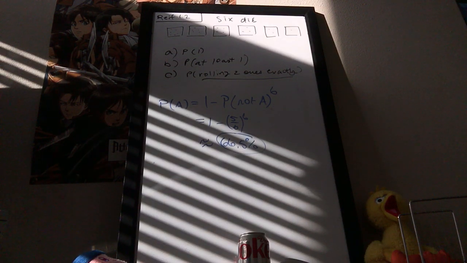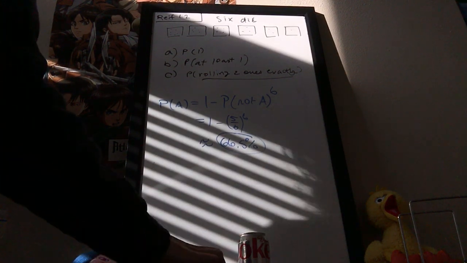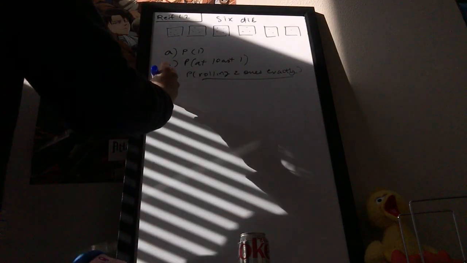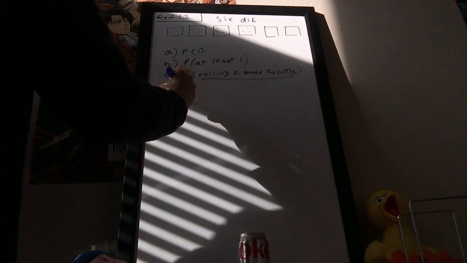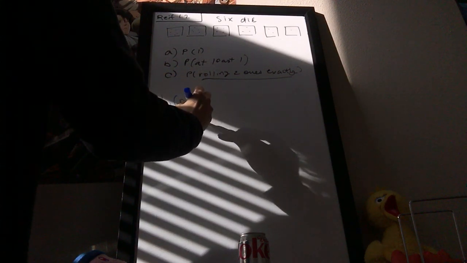Now, for part C, we want to know exactly 2. We want to know what the probability is of rolling exactly 2. All that changes in our setup is that n sub 1 is going to end up equaling 2 instead of equaling 1 like we had in part A. So that changes up the math just a smidgen. So we would write for part C that the probability of rolling 2 is equal to n factorial.